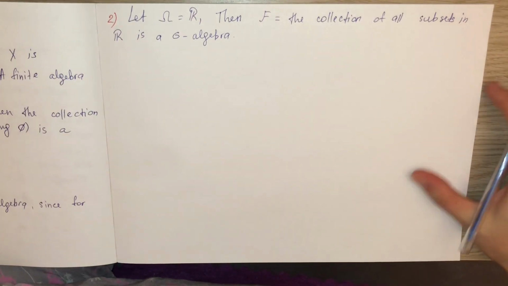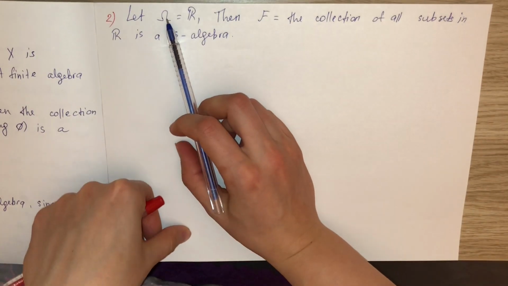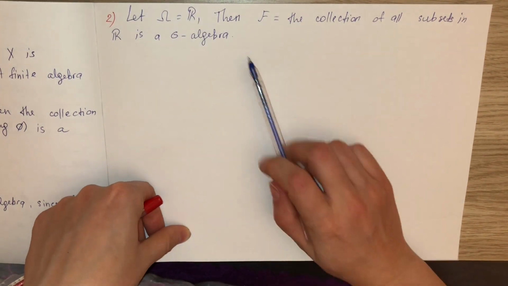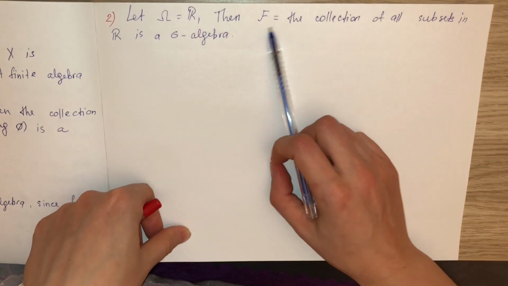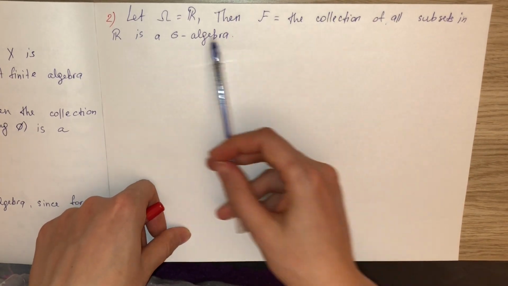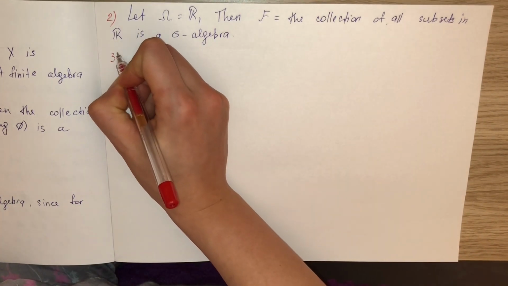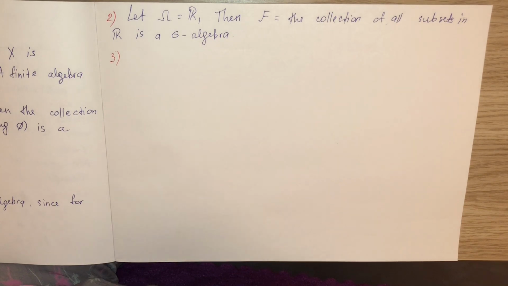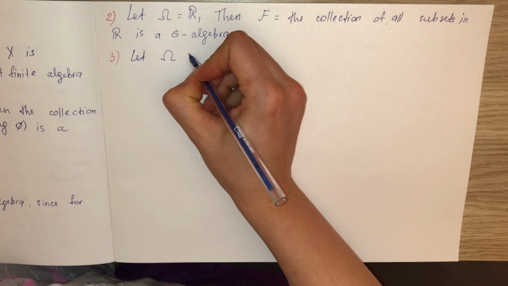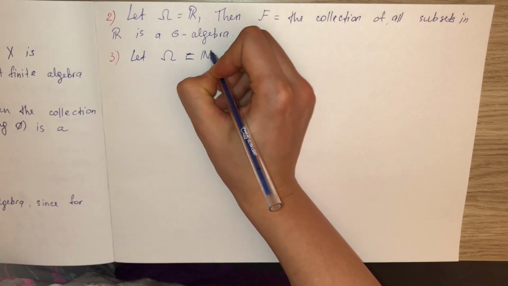And here is our second example. Let Omega be the real number set. Then if F is the collection of all subsets of R, then F is a sigma algebra. And here is our third example. Let Omega be the natural number set.